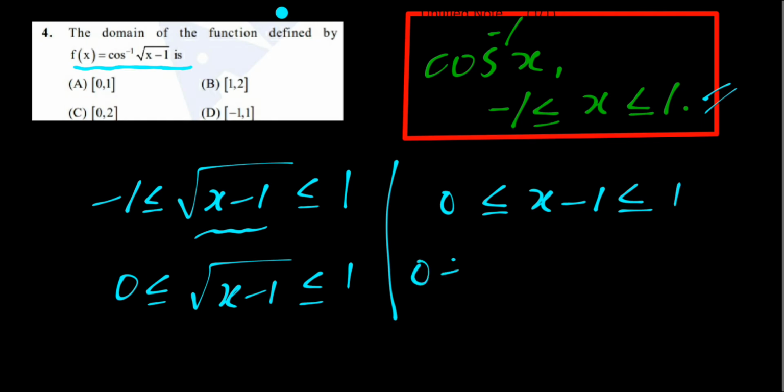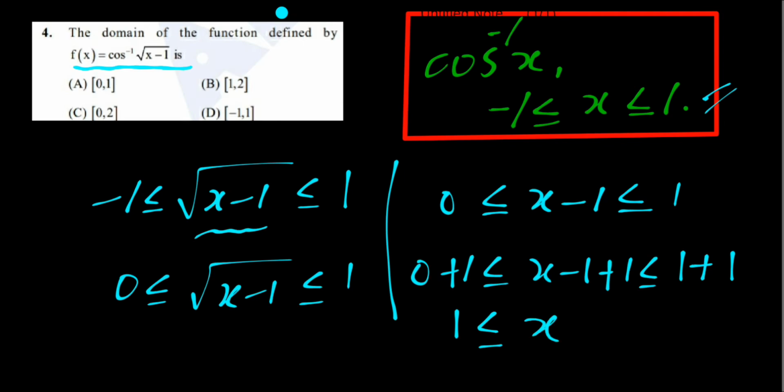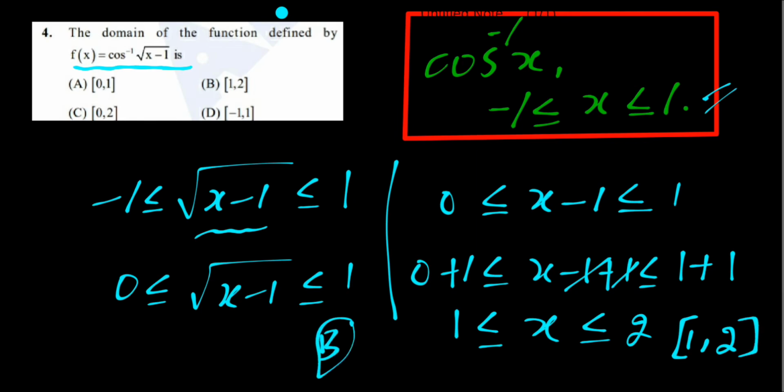Add 1 at all places: 1 less than or equal to x less than or equal to 2. So the x value for this function is the closed interval 1 comma 2. Option B is the correct answer.